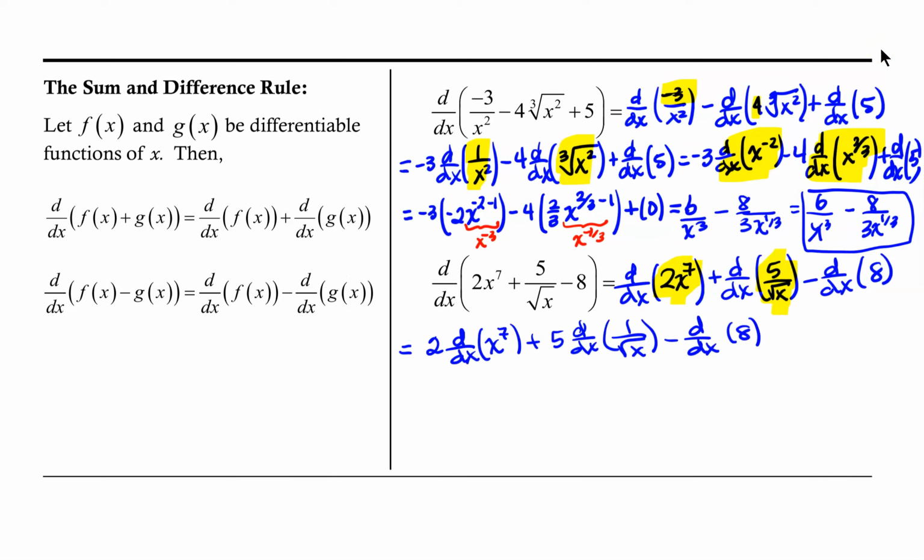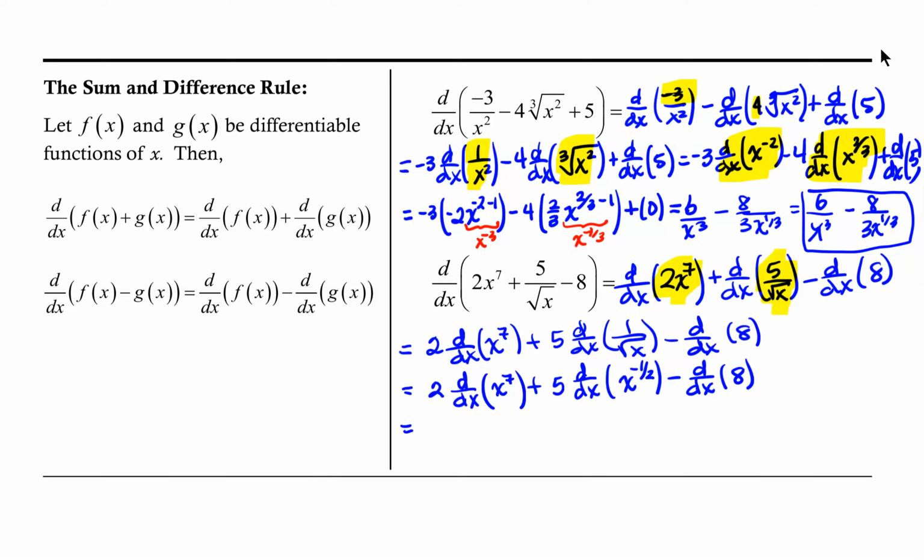So we end up with 2 times the derivative with respect to x of x to the 7th power plus 5 times the derivative with respect to x of x to the negative 1/2 power minus the derivative with respect to x of 8. Now at this point, we're ready to apply the power rule for the first 2 terms and the constant rule for the last term.